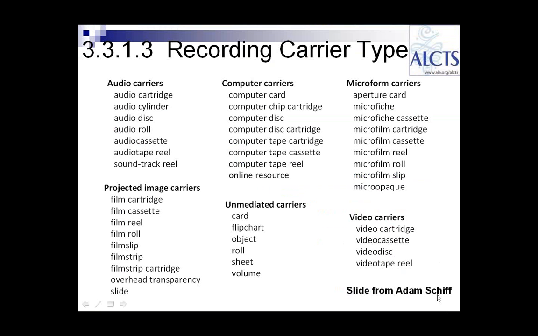Okay. I mentioned earlier one of the fields, the carrier type. The carrier type is a core element, and it represents the container, so to speak, of the particular resource that you are cataloging.